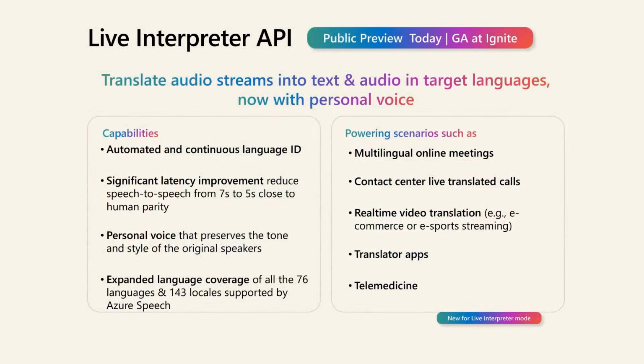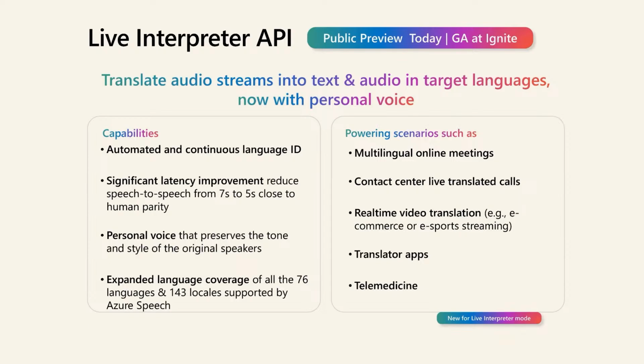That's amazing. So why don't we first start with what the Live Interpreter API actually does, so that people get a sense for it? I'm going to bring up a slide that you brought for us. Yeah, I'm so excited to have a chance to talk about our new Live Interpreter API. This is a breakthrough that makes cross-language communication more seamless and natural than ever before.